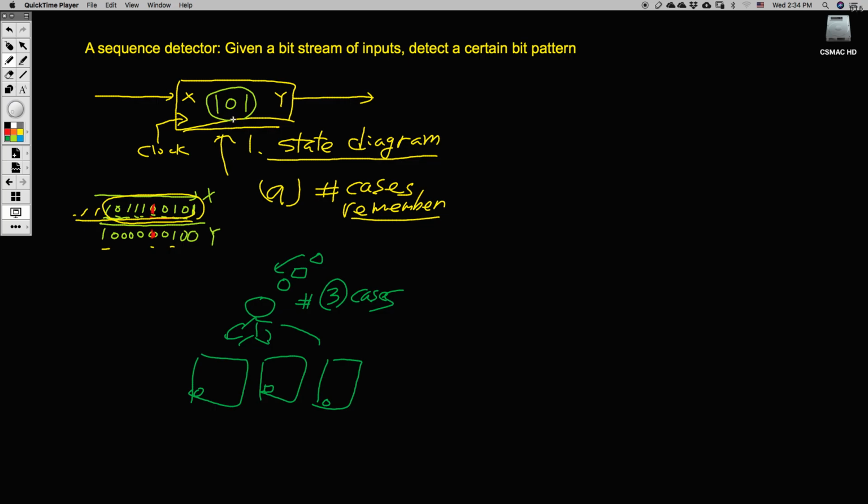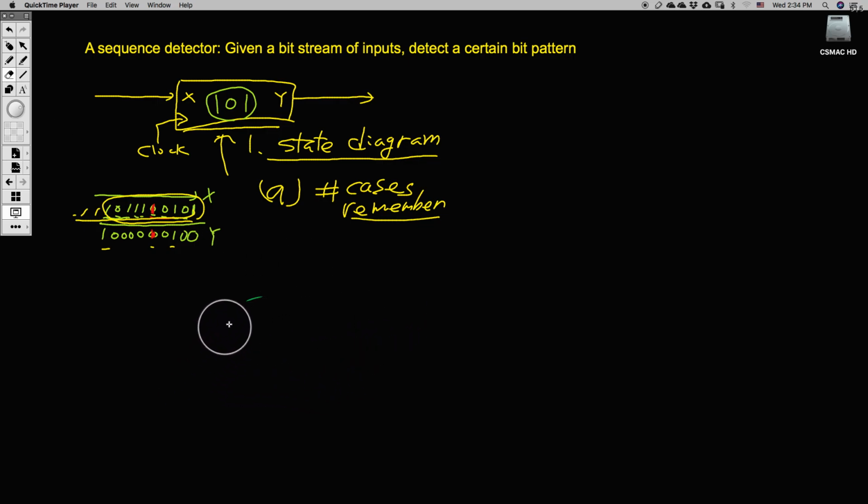So go back to the original sequence detector. For this 101 sequence detector, what has to be remembered? What is the minimum number of cases that the sequence detector should remember? Instead of remembering all bit streams, to find it out, suppose you are the sequence detector in the box.